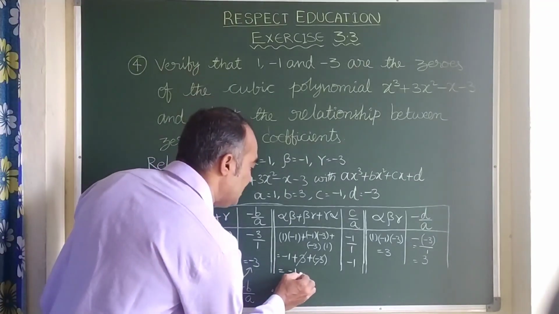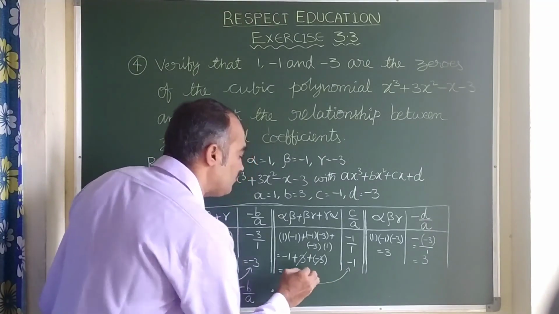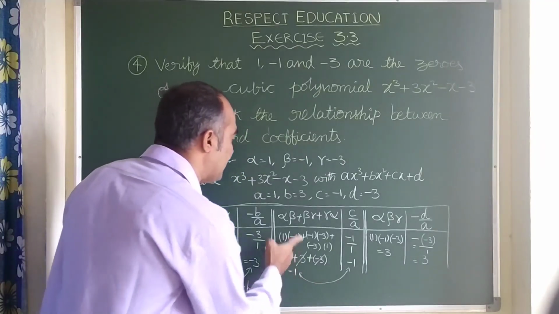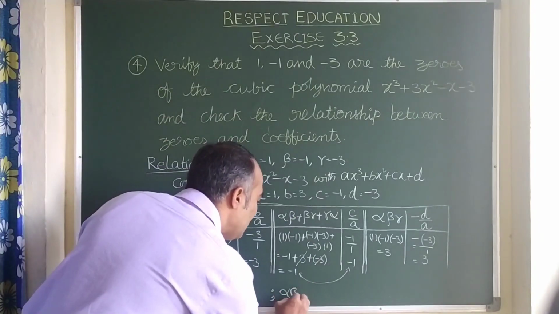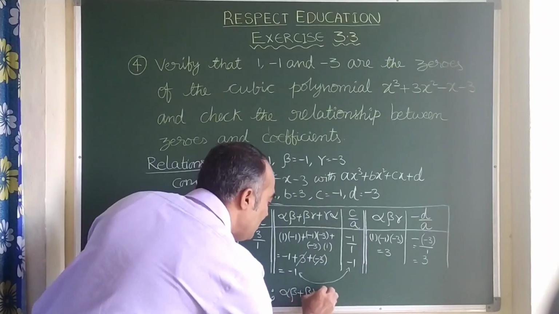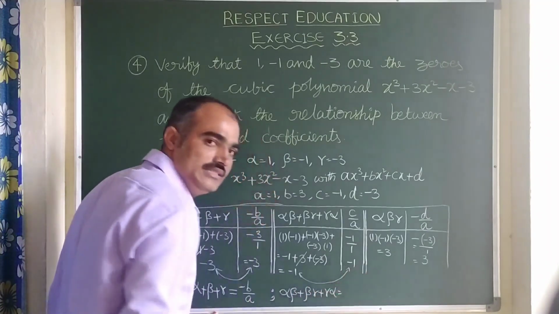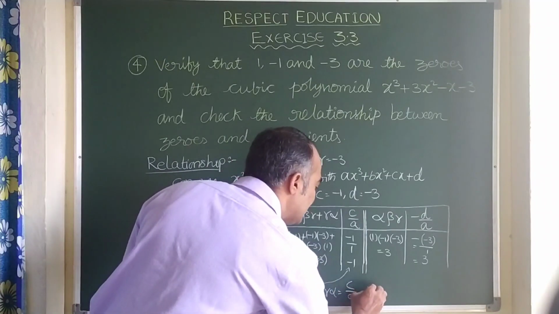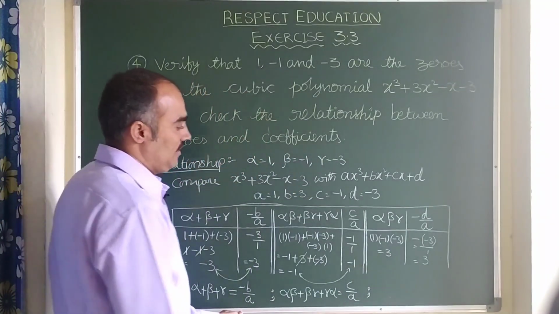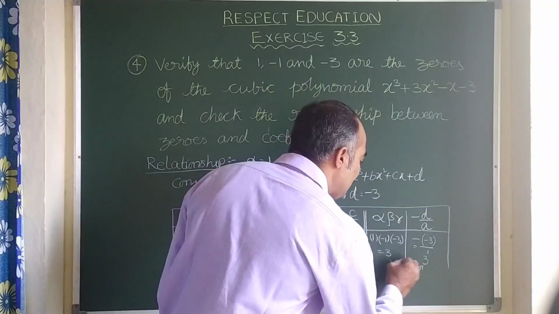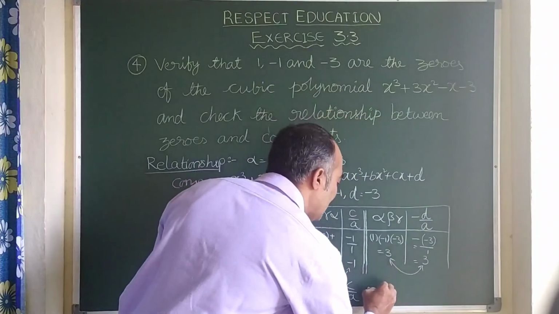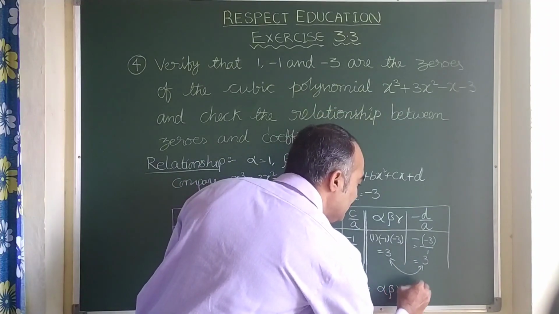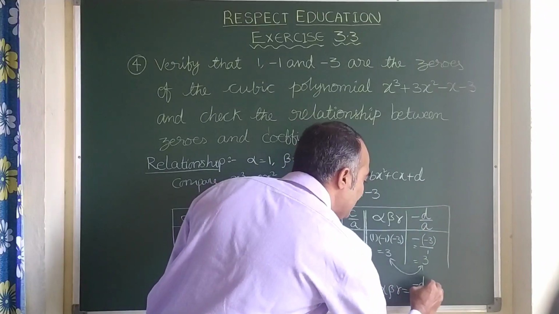Second one, see here minus 1, both are equal. This minus 1 indicates alpha beta plus beta gamma plus gamma alpha, and this minus 1 indicates c by a. This is second one. Here you see 3 equal to 3. This 3 indicates alpha beta gamma, and this 3 indicates minus d by a.